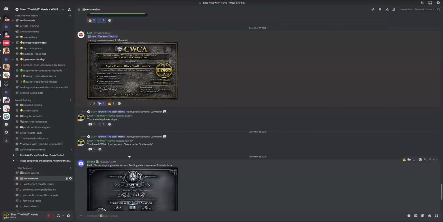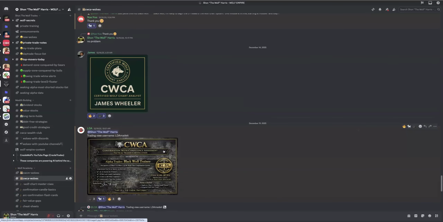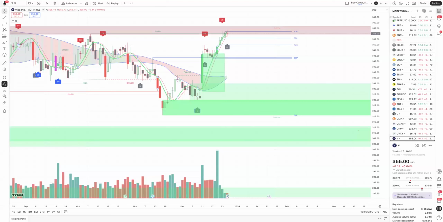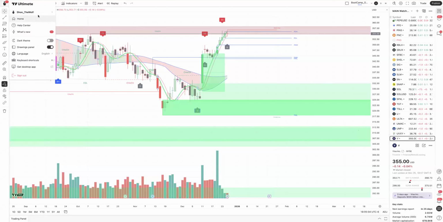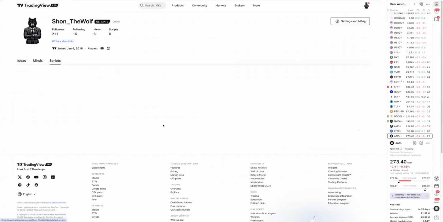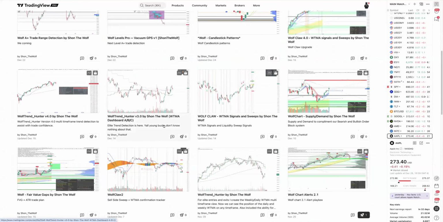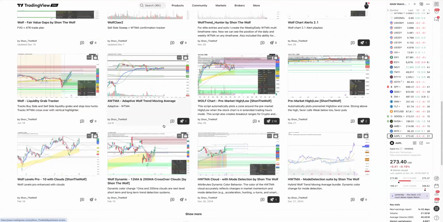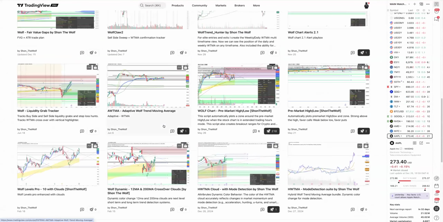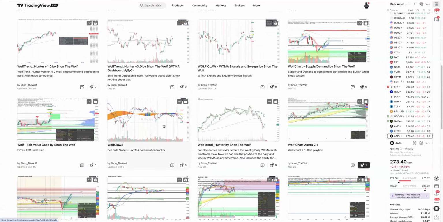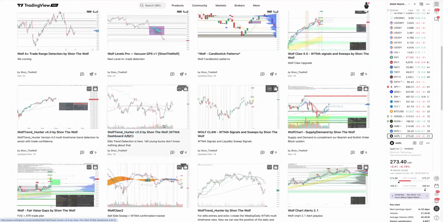And then also, the reason I want to highlight this is because I want to see everybody that has the WTMA cloud is CWCA certified. I mean, certified Wolf Chart Analyst, right? I'm trying to see if I can find the cloud.